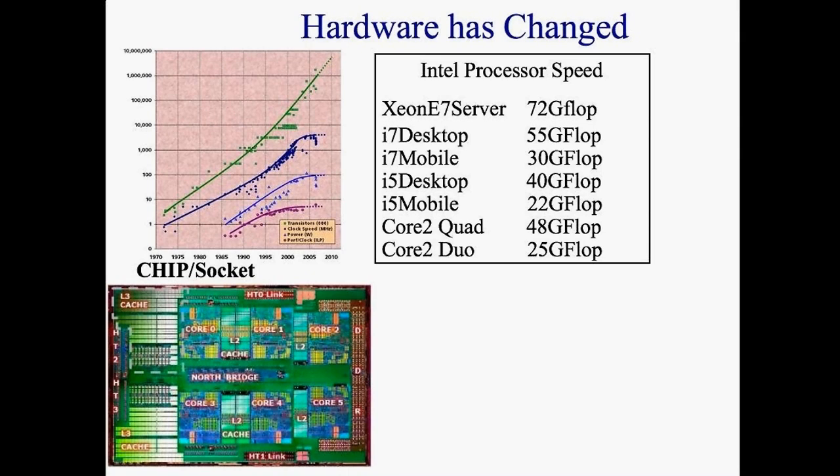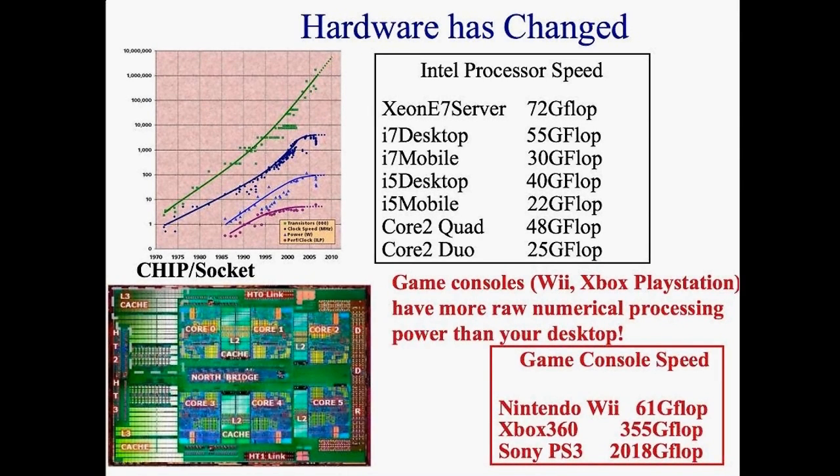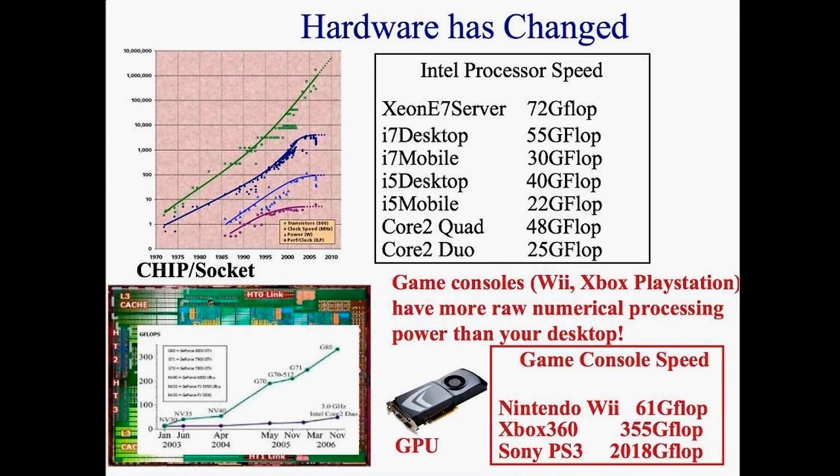But these speeds are pretty pathetic when we look at, for example, the game consoles. You know, my child has a Sony. It is 5 times more powerful than the fastest desktop server I could buy right now. So we're using machines for doing our numerical computation that are pretty much almost outdated.